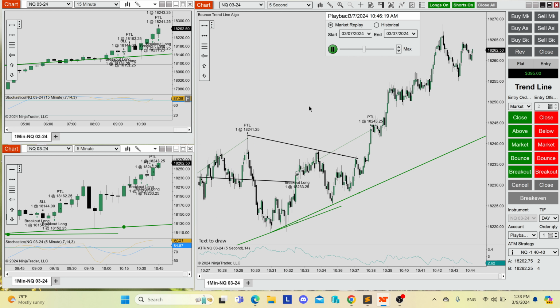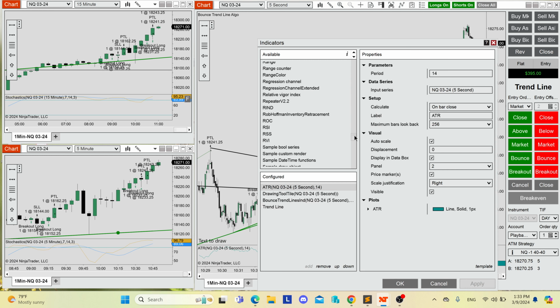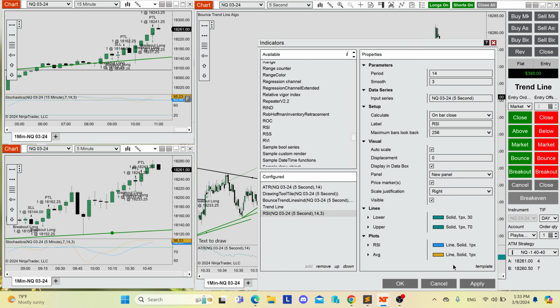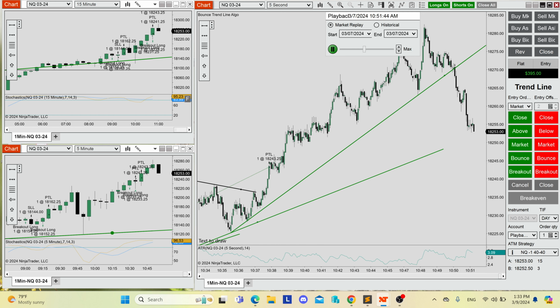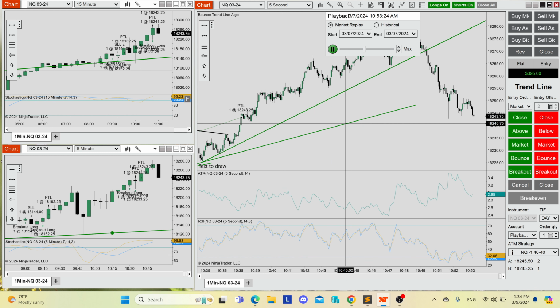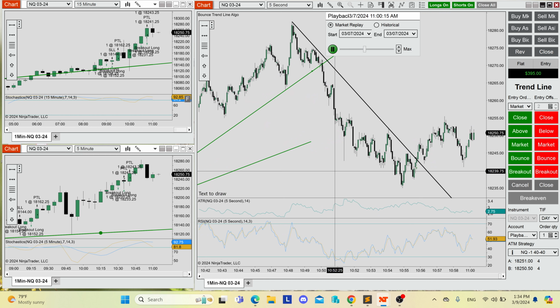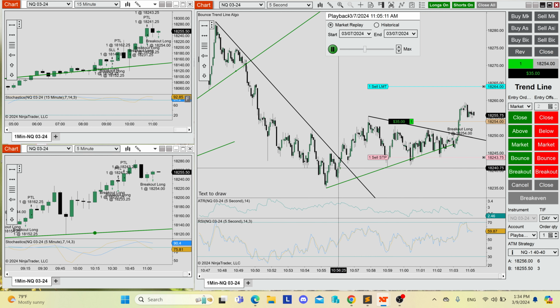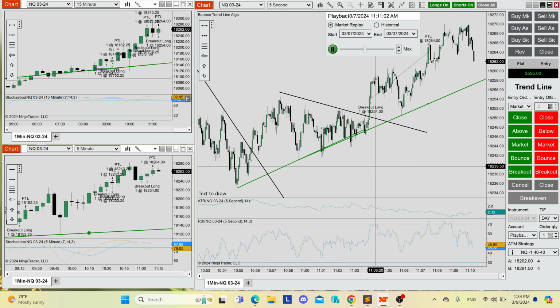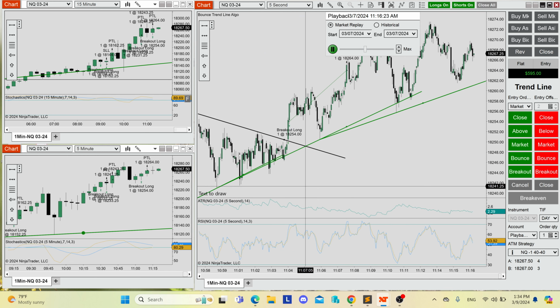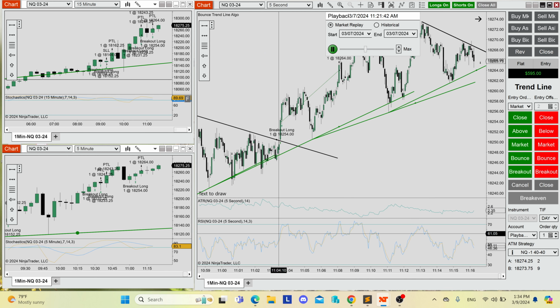So let me add the RSI, because that's what's being used also. See, so this was a higher momentum above 60, right?